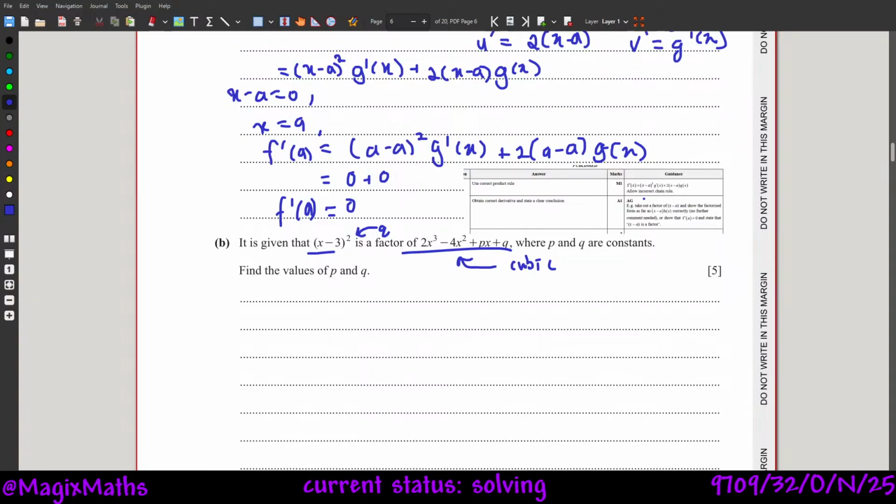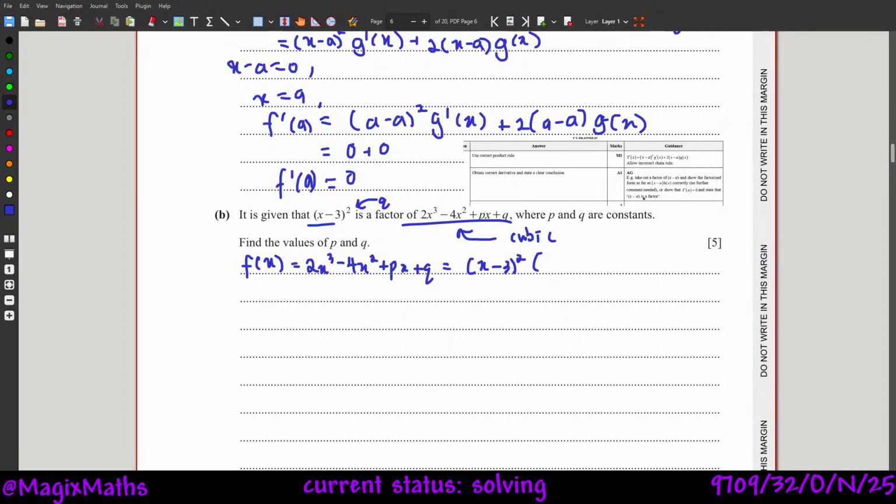So let this be a function f. We'll define this as the function of x, where this is a cubic function, and there's a quadratic factor, and then what's left should be a linear function.